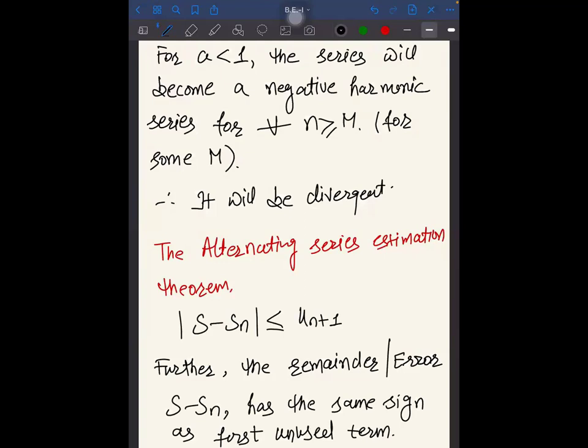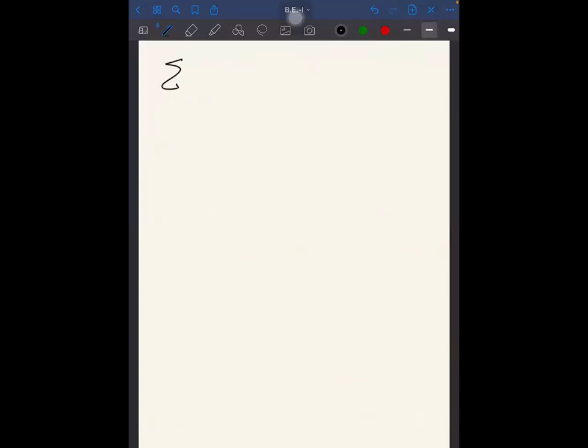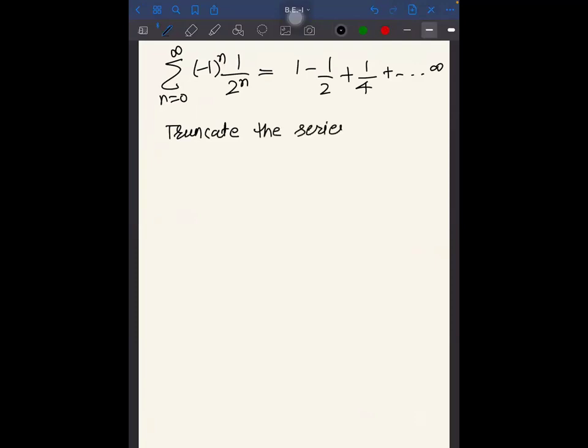So let me give you an example. The example is already in the book. You can also check with the exercise as well. So let's say you have this series: 1 minus half plus 1 by 4 and so on up to infinity. It says that you truncate the series after 8 terms.